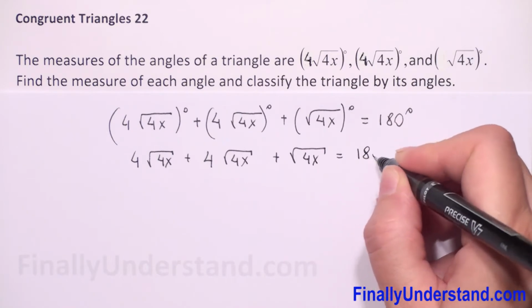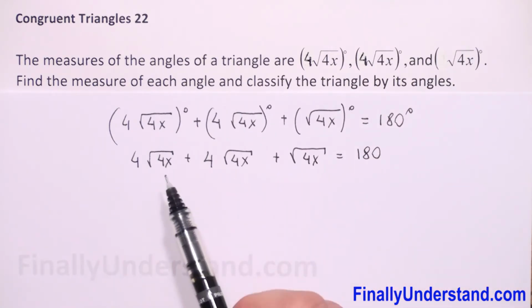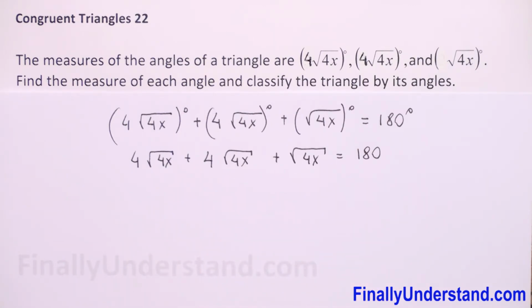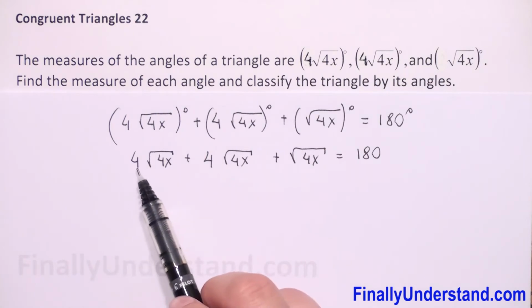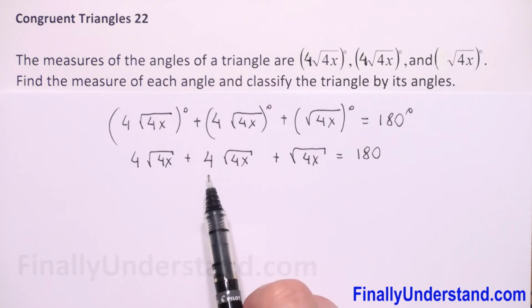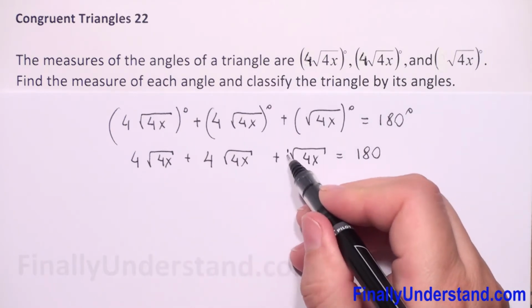is equal to 180. So now, because we have under the square root the same expression, we can add the numbers before this square root. So we have 4, 4, and here is an invisible 1.